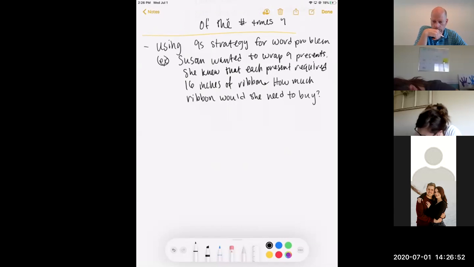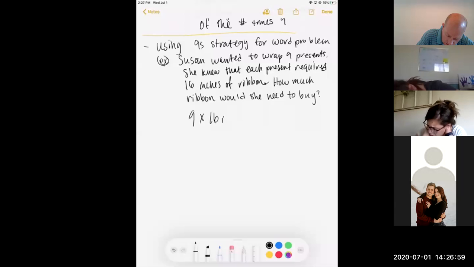You would do 9 times 16. Right, 9 times 16. So tell us how you calculate that. And 16 inches. Let's keep our units throughout, just for fun, or you can make sure that your units are at the end.